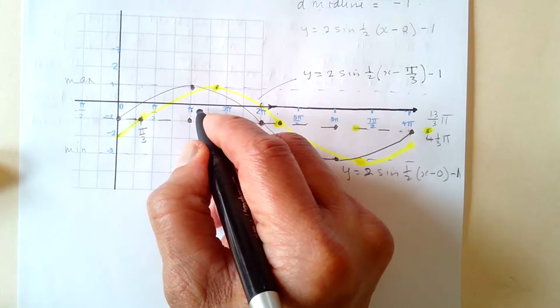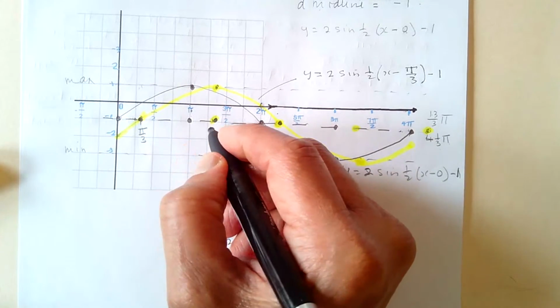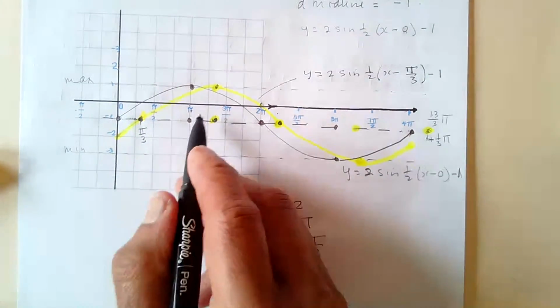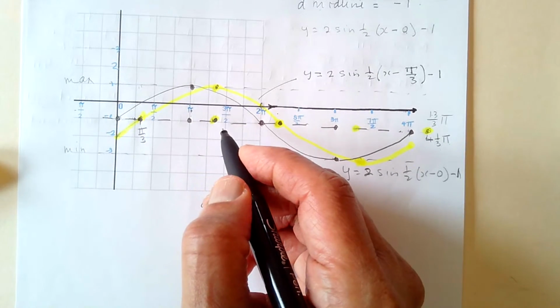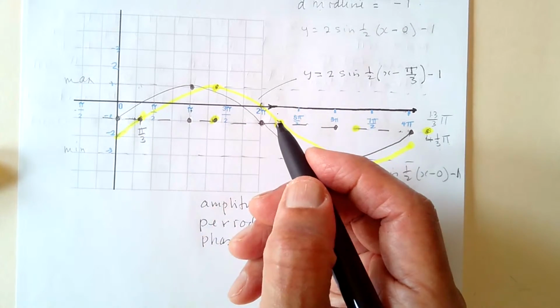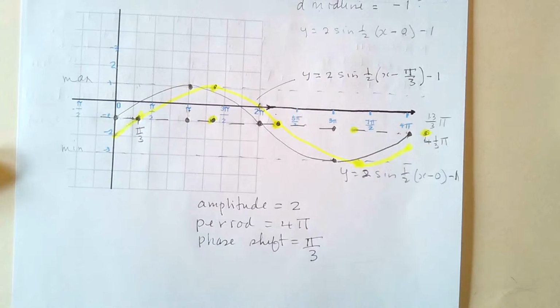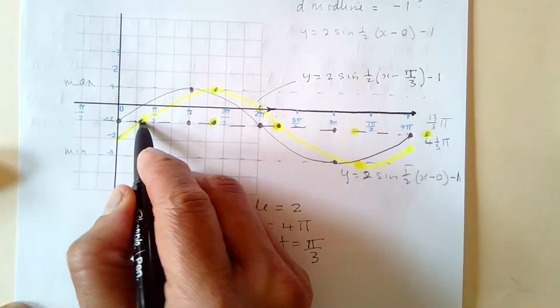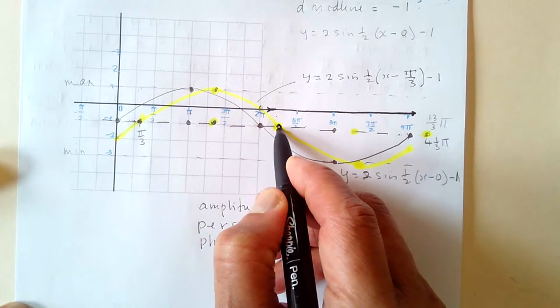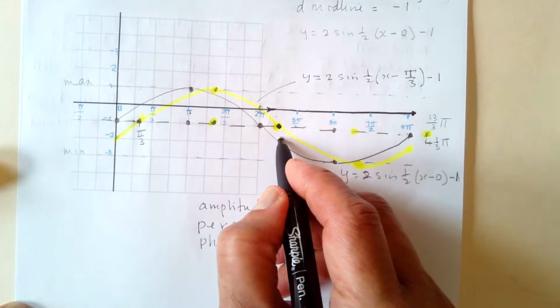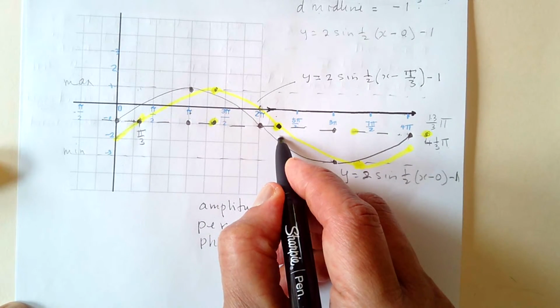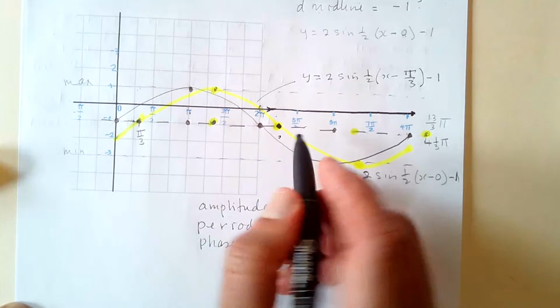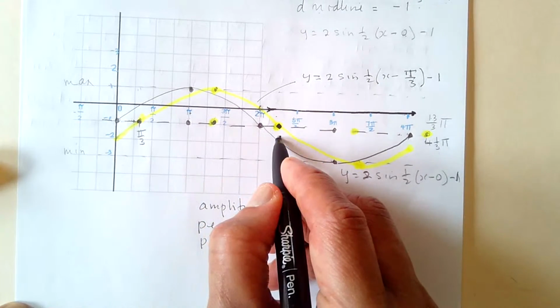So this is pi plus pi over 3, so this would give us 4 pi over 3 and 2 pi. So we can continue. Those are the zeros. So the zeros are going to be this point here, and this point over here would be 2 pi over 3. Okay, here we go.